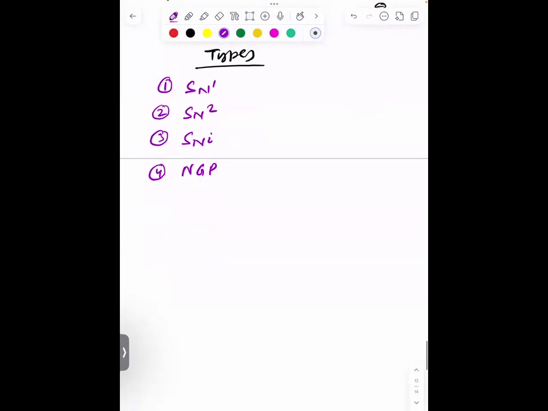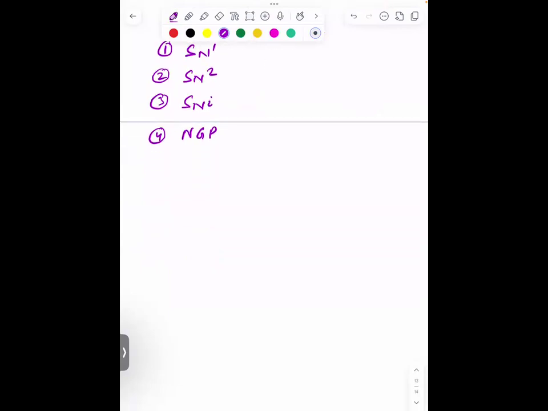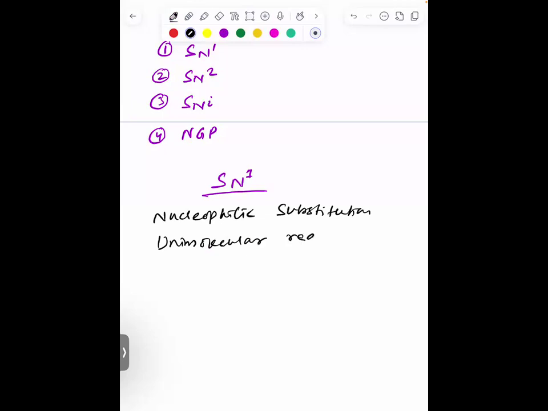So first, the keyword SN1. SN1 is nucleophilic substitution unimolecular reaction.